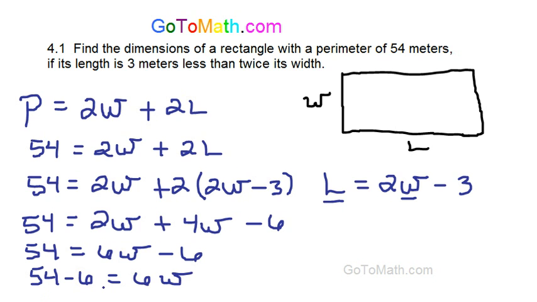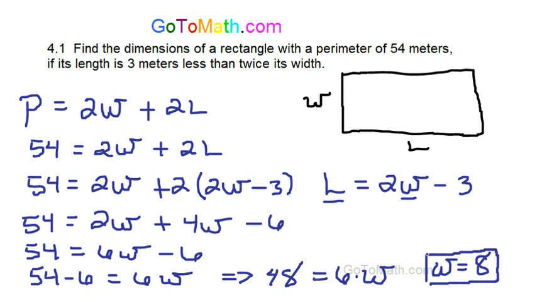And 54 minus 6, what is that going to be? That's going to be 48. Let's just continue this equation right over here. So this is 48 is equal to 6W, and 6 times 8 is 48. So it looks like W is equal to 8.